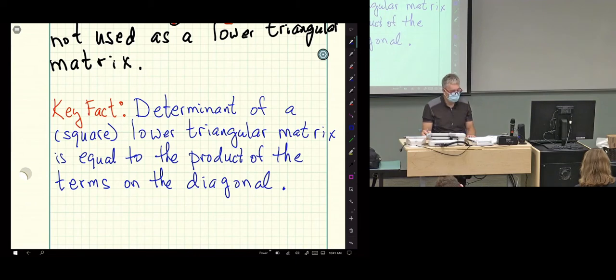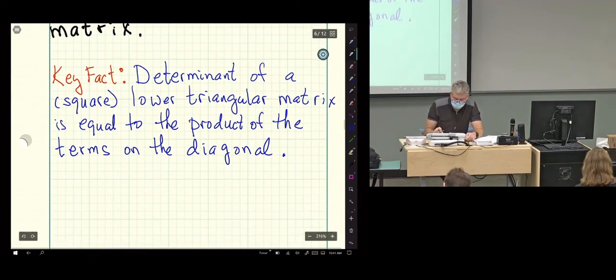Wow, so that really simplifies computing determinants, okay?